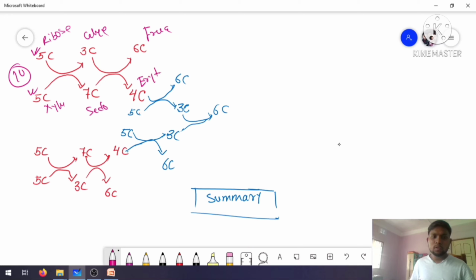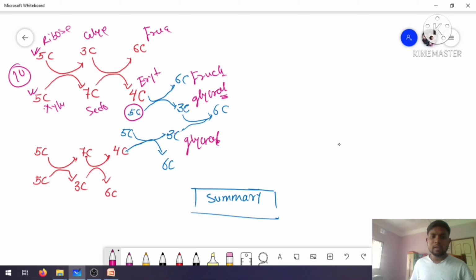Now erythrose 4-phosphate again reacts with xylulose 5-phosphate, that is a 5 carbon compound, and gives rise to again fructose 6-phosphate and glyceraldehyde 3-phosphate. If you remember, the same reaction will happen and give rise to 2 molecules of glyceraldehyde 3-phosphate.